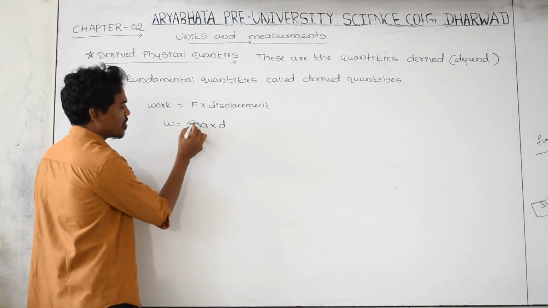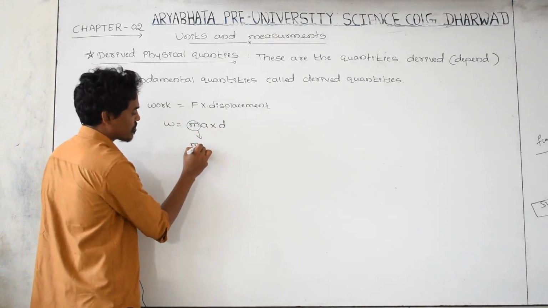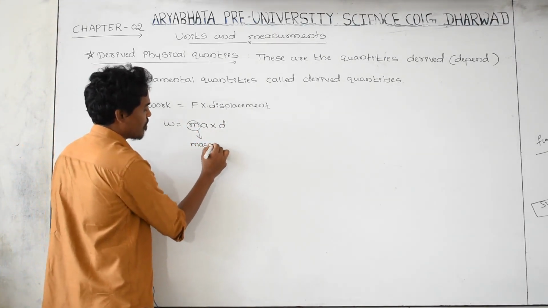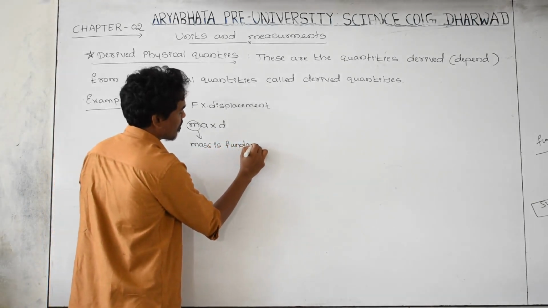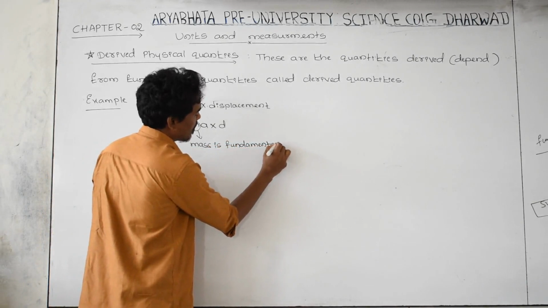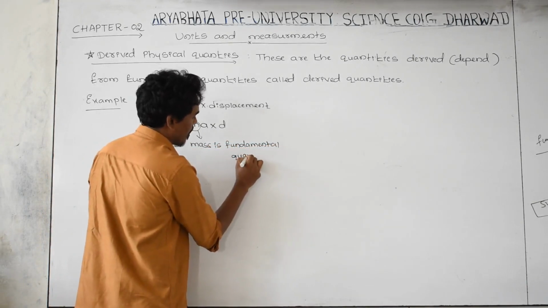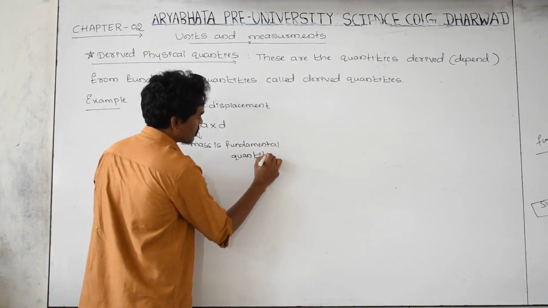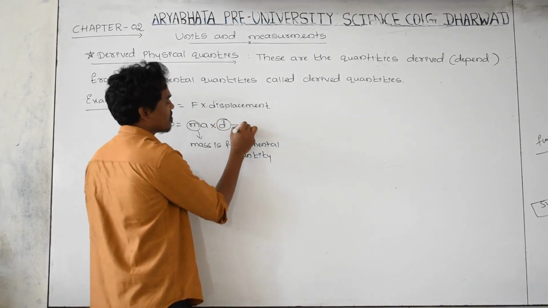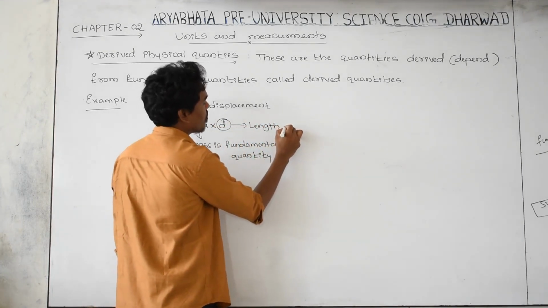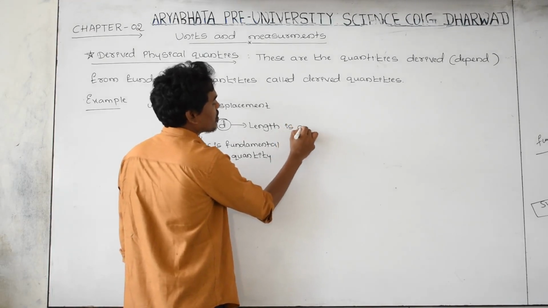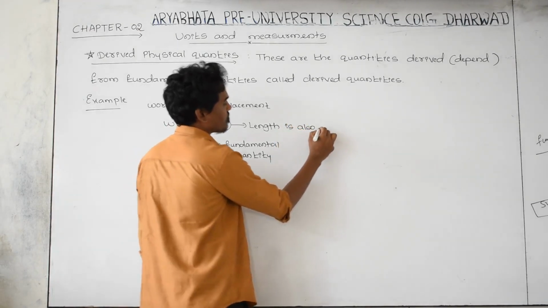Here m is a fundamental quantity. Mass is a fundamental quantity. And distance is nothing but a length. Length is also which quantity? Fundamental quantity.